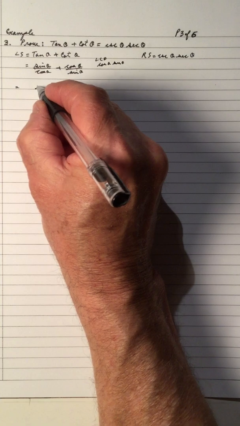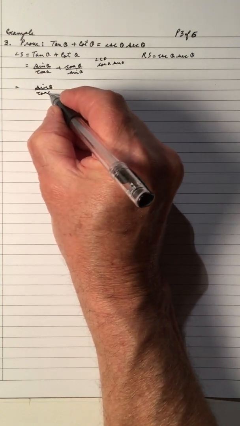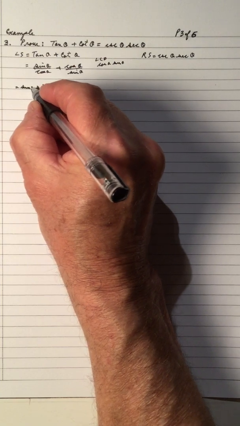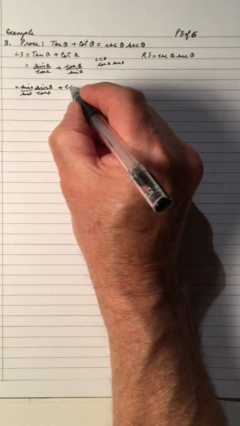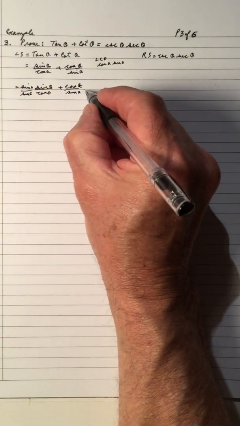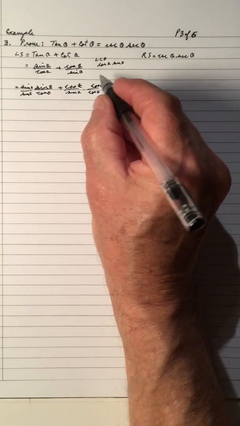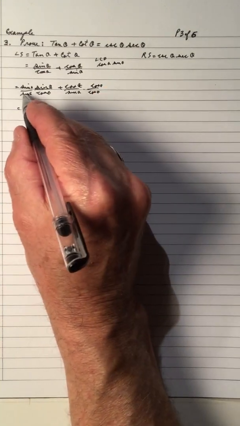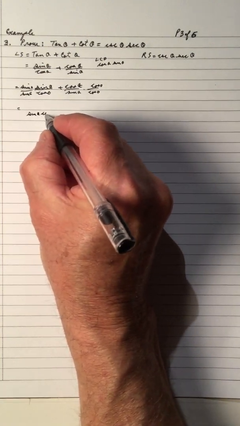So I'll multiply the first fraction by sine theta over sine theta, and I'll multiply the second fraction by cos over cos. And notice when I do that, this denominator here is sine cos.